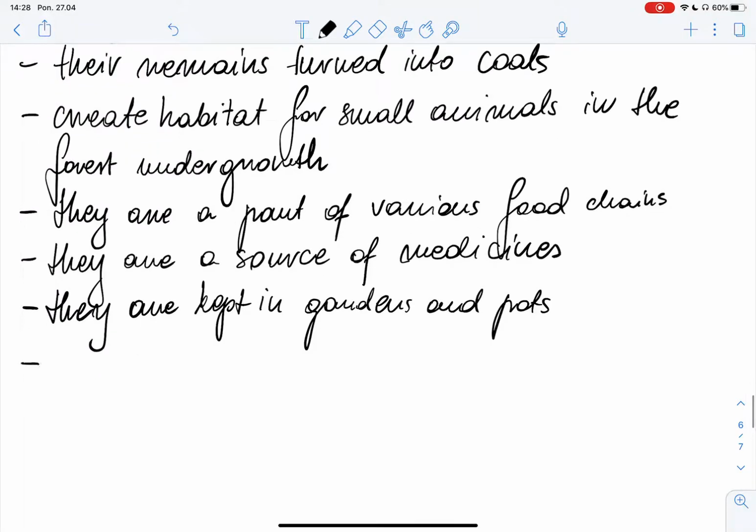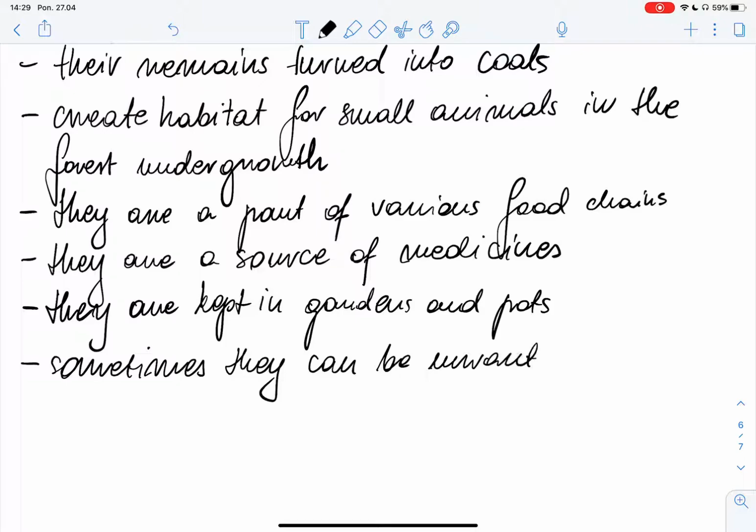But sometimes ferns can become really unwanted guests because they develop quickly and they have rhizomes, which makes them difficult to get rid of. So sometimes they can be unwanted weeds.